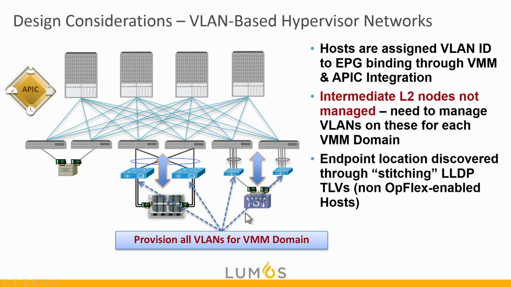So that's one option. Another option is that maybe we just have a bare metal server, for instance, and the possibility is there that the leaf switch is connected through another external. Maybe I have a pair of Nexus 3000s or 5000s or even a Catalyst 2960, some other layer 2 switch unmanaged by the fabric.